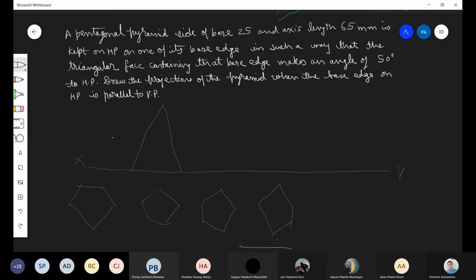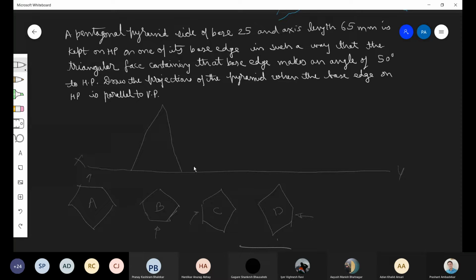Generally these are the different options, I will name them A, B, C, D. Now how to notice how the pentagon is drawn? In order to notice that, focus on this base, on this horizontal line. See now this is parallel, this is also parallel, this one is perpendicular, and this one is also perpendicular to VP. So two are perpendicular to VP and two are parallel to VP.